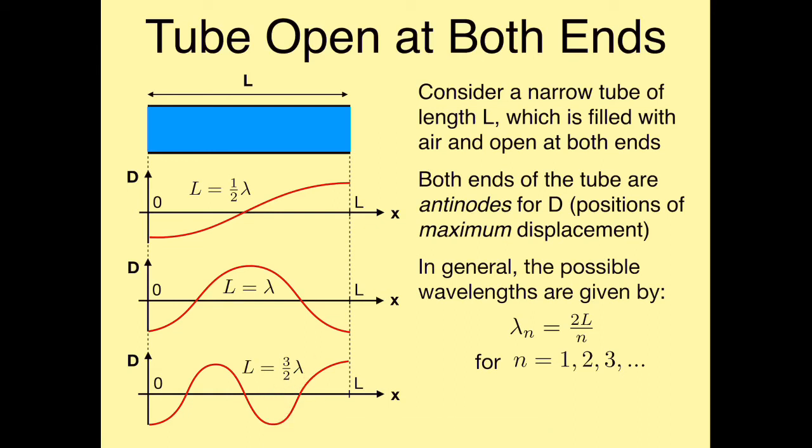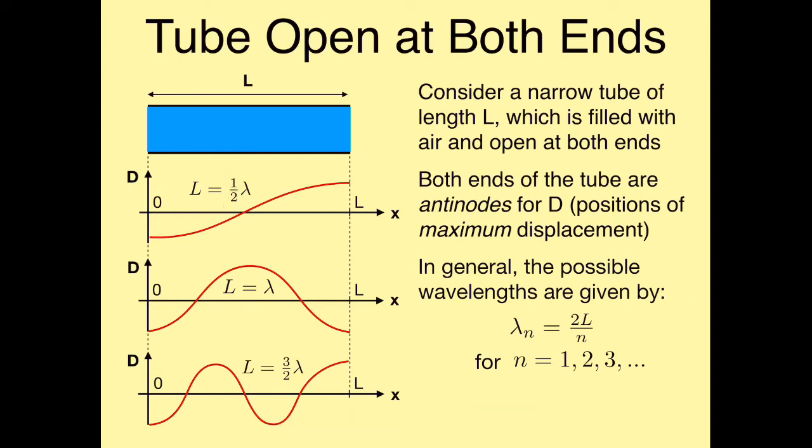So the general pattern we're seeing is that the possible wavelengths are given by lambda is equal to 2 times L divided by n, where n is equal to 1, 2, 3, or any integer. So the first case we saw was n is equal to 1. That's where lambda is just equal to 2L divided by 1.